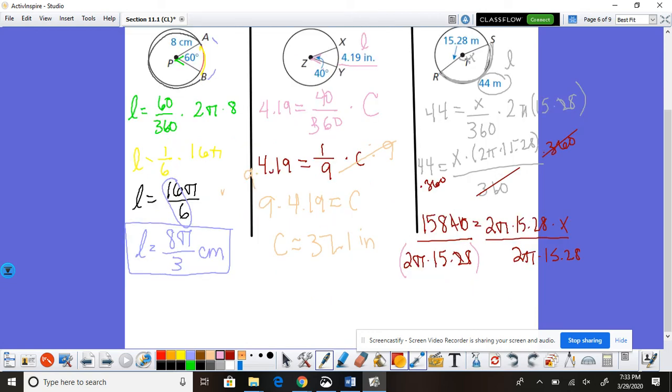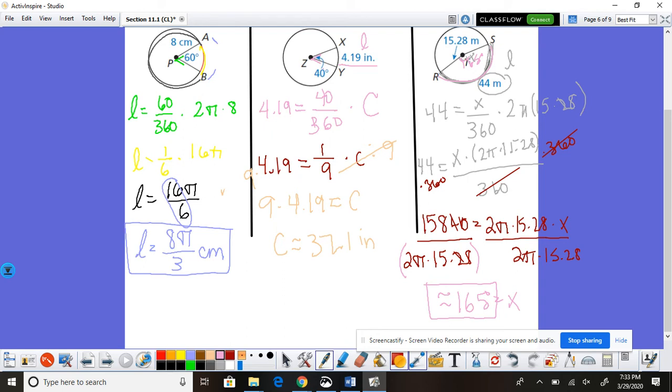Put that in my calculator, I get that roughly 165 equals x. So that's my central angle. So this is 165 degrees, and we learned last chapter that the central angle is the same as the arc. So the measure of RS is also 165 degrees. It's the same formula, just plug in what you know, find what you don't.